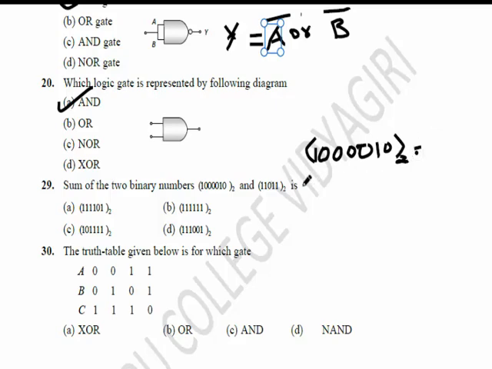How to convert this? Look at the numbers. How many numbers are there? 1 2 3 4 5 6 7. There are 7 numbers here.